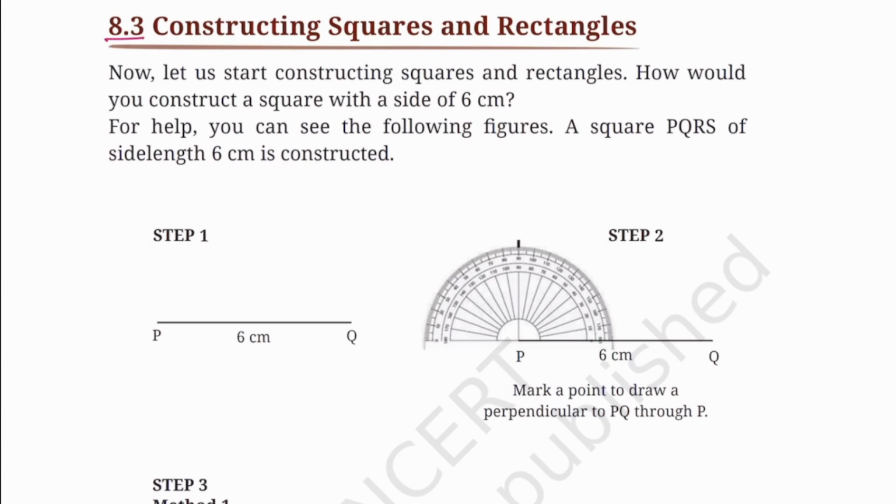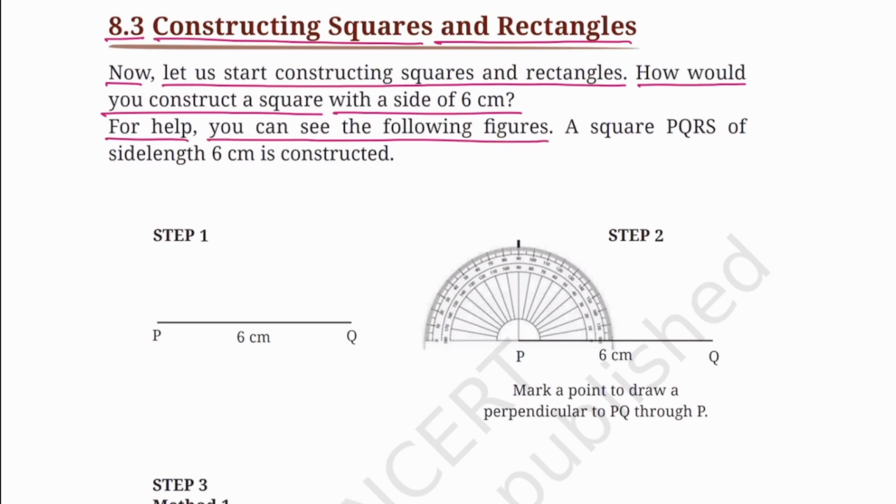8.3 Constructing squares and rectangles. Now let us start constructing squares and rectangles. How would you construct a square with a side of 6 cm? For help, you can see the following figures.